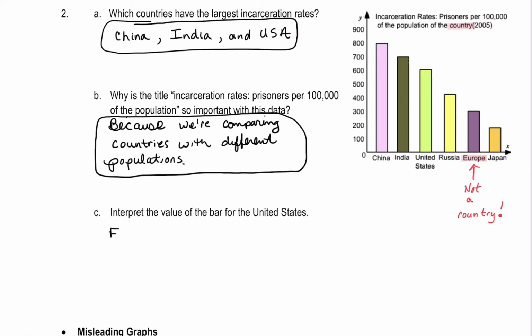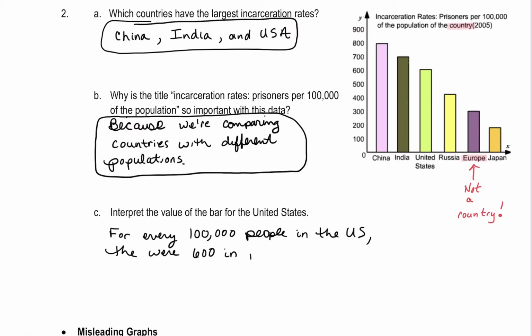It would say that in the United States, for every 100,000 people, in the United States, there were 600 in prison, incarcerated, it might include prison and jail, in the year 2005. So that's what this is saying.